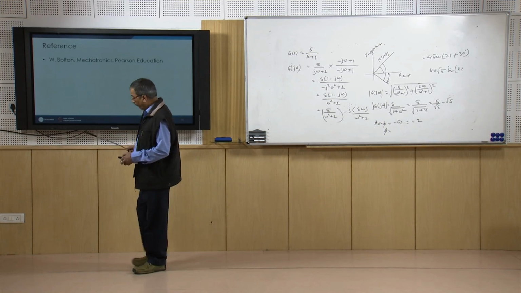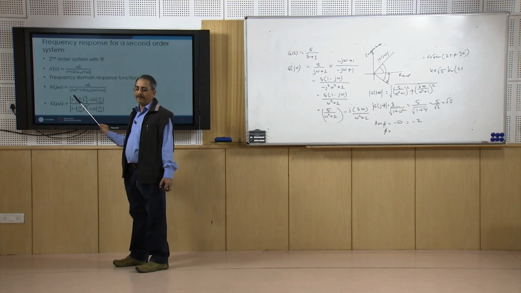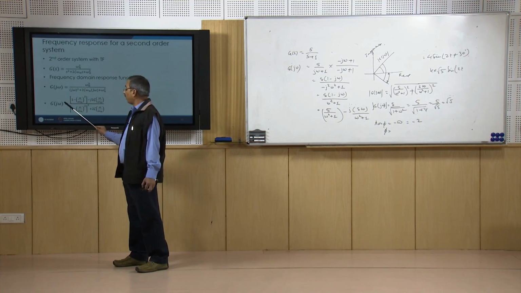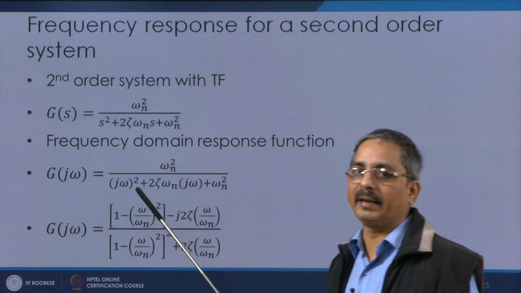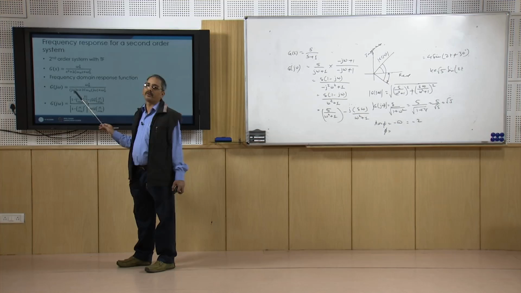And once we have this G(jω), I can find out the magnitude of it, the amplitude of it, and the phase angle of it. And again, for a given type of input we can find out the output response.